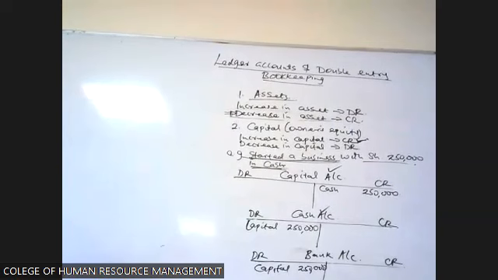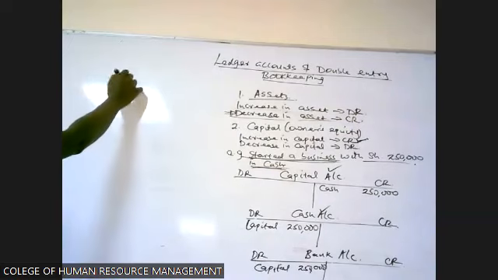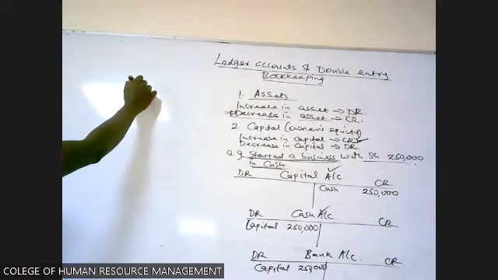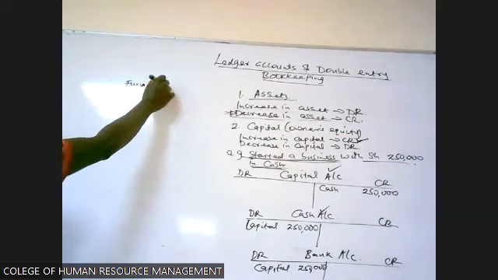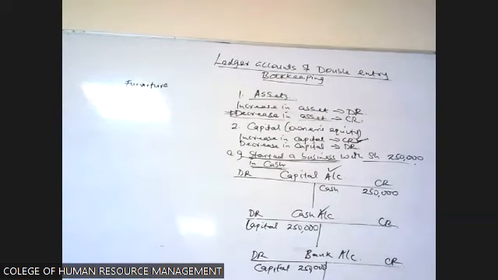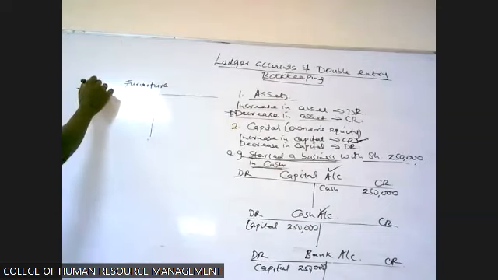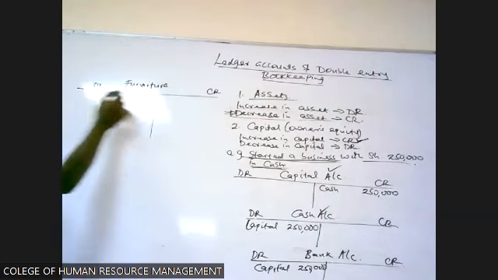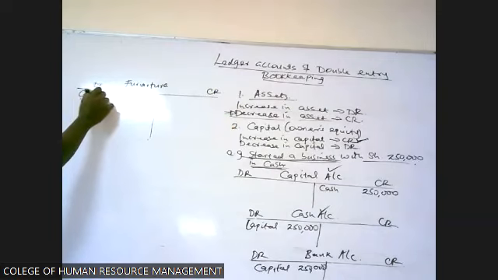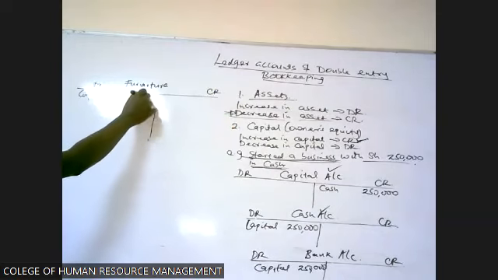You can be told that the owner brought his personal table or furniture into the business. So in that case, you are supposed to come here and open your furniture account and just debit it by capital. Maybe it was furniture of 10,000.